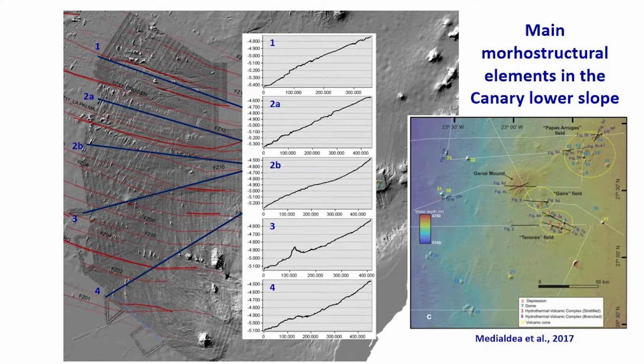This set of structures produces a steeper relief characterized by terraces and scarps that progressively deepen the seafloor to the west until the Madeira Abyssal Plain. You can see here several examples, but these structures are interpreted as subvertical faults, mostly normal faults, and subparallel anticline, syncline to monocline faults.